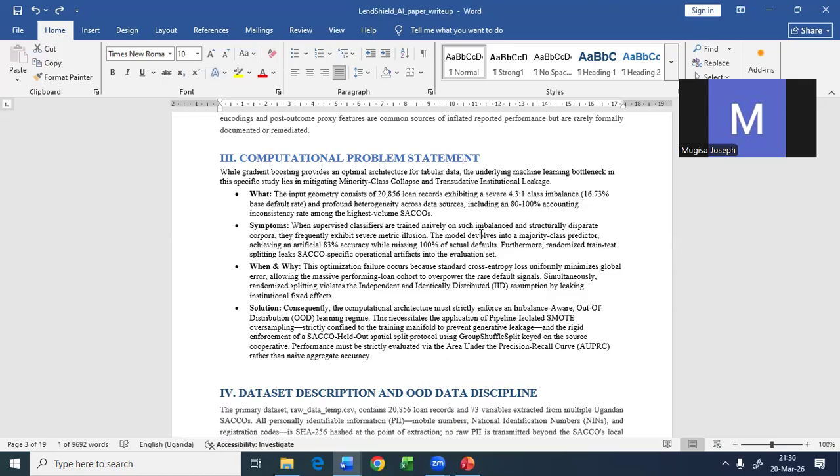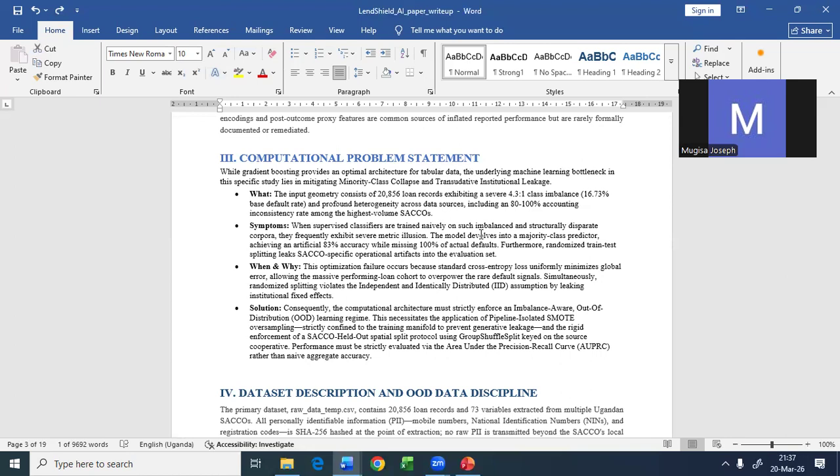So it's imbalanced. Then we have the why and the solution. Here, the computational architecture must strictly enforce an imbalance-aware, out-of-distribution learning regime.